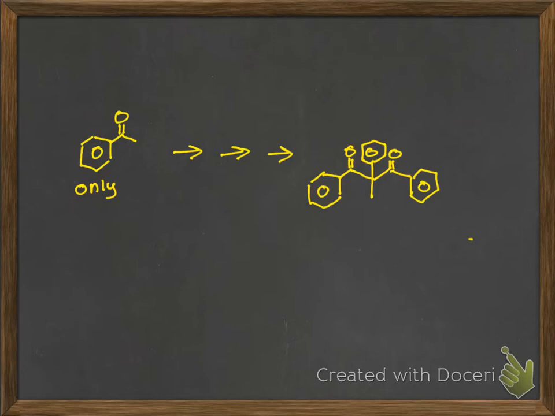All right, using only acetophenone, make this. All right, folks, you think you got it? I hope you do. Let's take a look. Remember, we start with only acetophenone as our carbon source. So the first thing we're going to do is use a base and make the enolate out of this.